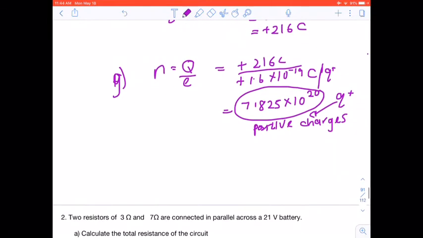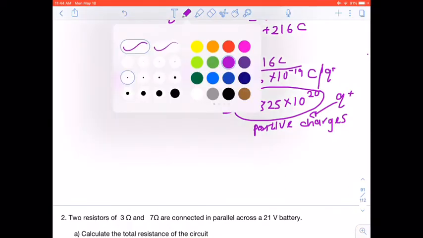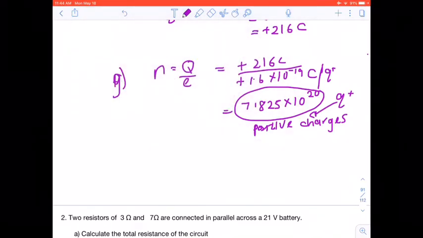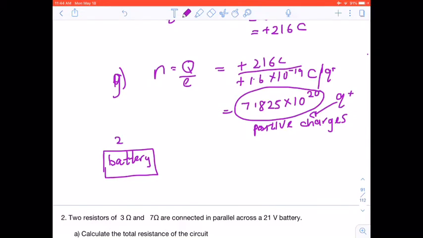If you look at it from a systems perspective, say for instance you've got this battery. This battery has its 21 volts, and there are chemical reactions happening. Then you've got your 3 ohm component and your 7 ohm component.